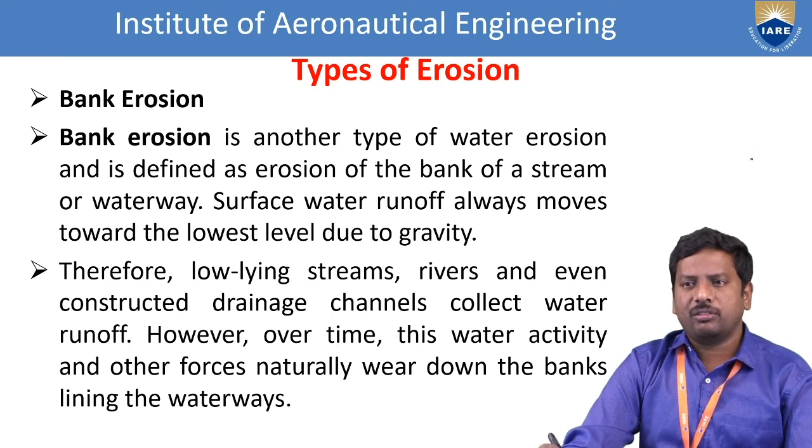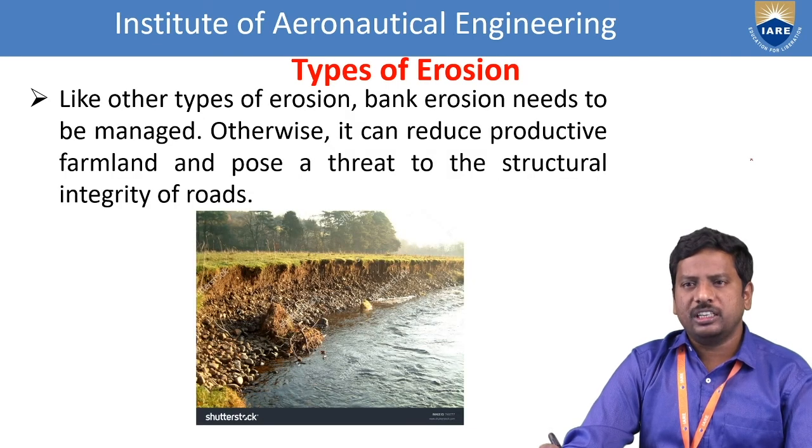However, over time, this water activity and other forces naturally wear down the banks lining the waterways. So we see the diagram of bank erosion. Like other types of erosion, bank erosion needs to be managed, otherwise it can reduce productive farmland and pose a threat to the structural integrity of roads.